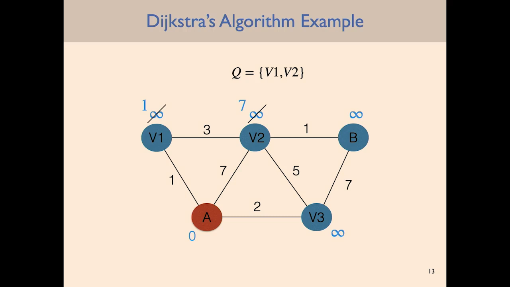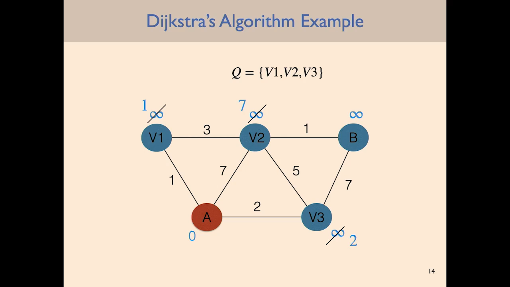So 7 is less than infinite, so we update that cost to come to 7. You also add V2 to the Q. Same thing for V3, so 0 plus 2 is 2, so we update the cost to come for V3 and then add that to the Q. So that's basically the first iteration of the algorithm.